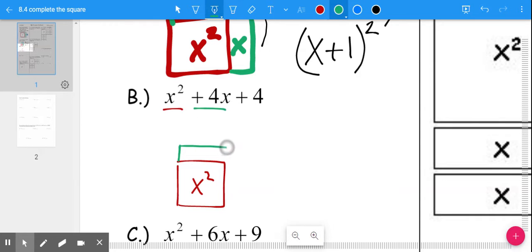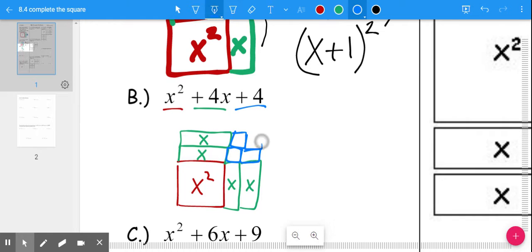And remember, we want to keep this a perfect square. So what you do on a length, you have to do on a width. So there's 2 of them. 3, 4. And then we have 4 ones. So we have 1, 2, 3, 4.